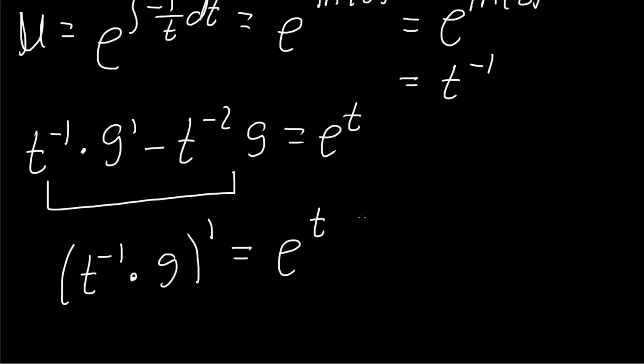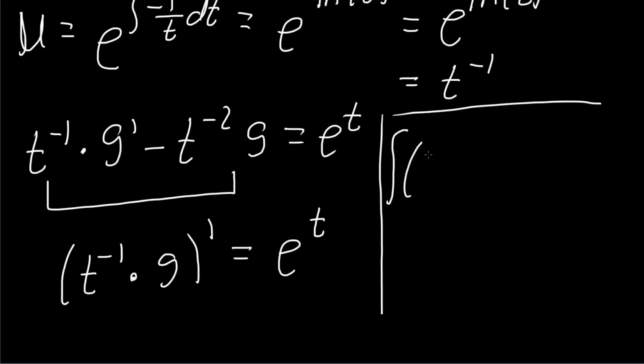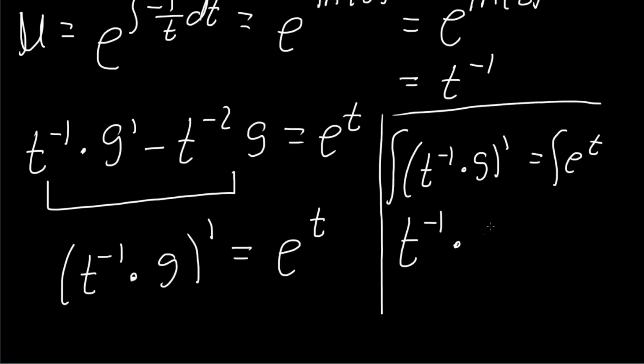And so the next thing we're going to do is take the integral of both sides. So the integral of t raised to negative 1 times g prime is equal to the integral of e^t. The integral of this is easy because we have the prime on the outside, so it's simply going to be t raised to negative 1 times g is equal to e raised to t plus c.